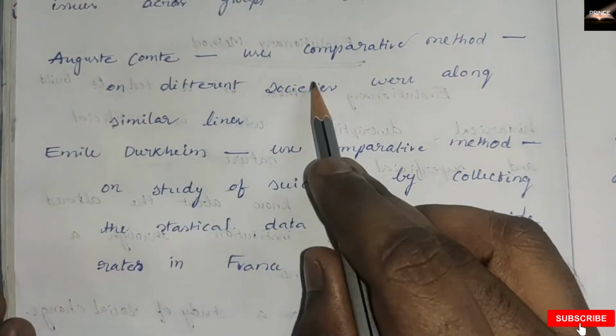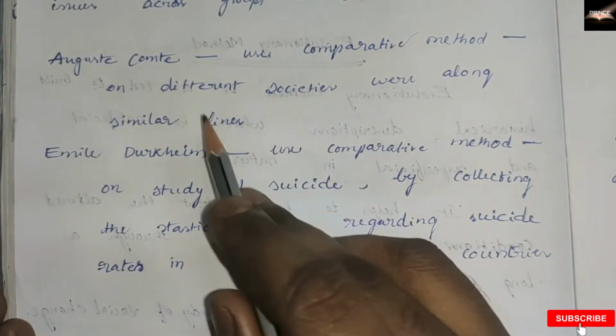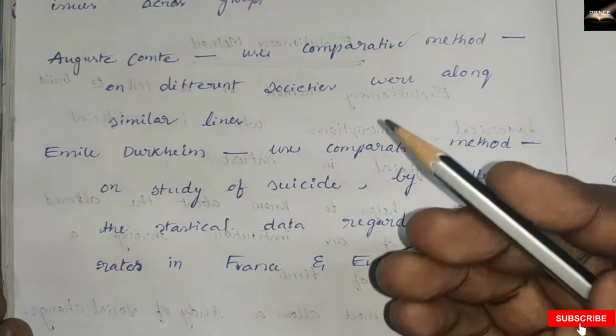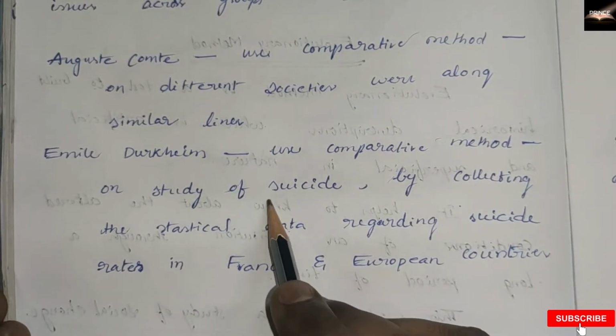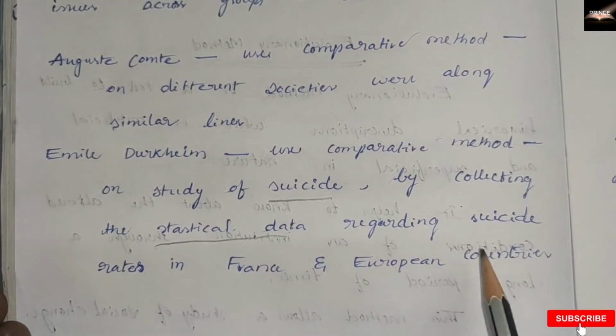Let's see some of the examples. Auguste Comte used the comparative method on different societies along similar lines. He used the comparative method on different societies having similarities. Next, Emile Durkheim used the comparative method in the study of suicide by collecting statistical data regarding suicide rates in France and European countries.